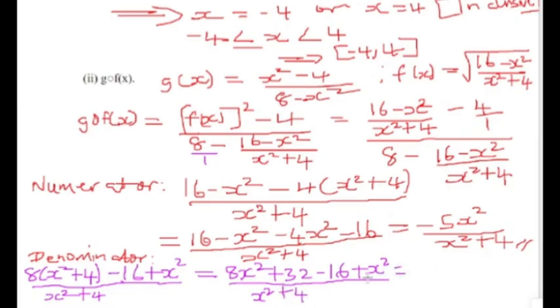So we can just get the like terms here. 8x squared plus x squared, that is 9x squared. Then we'll have 32 minus 16, so that gives us plus 16, everything divided by x squared plus 4.